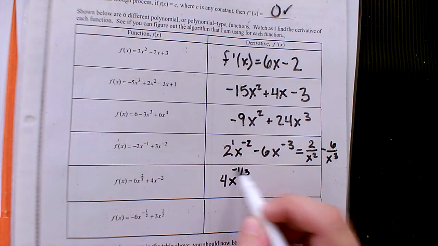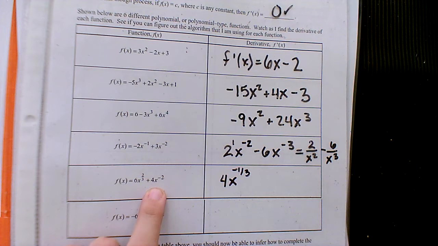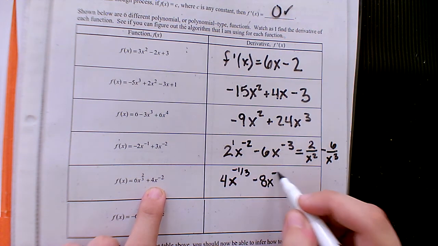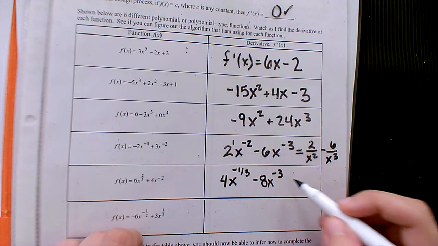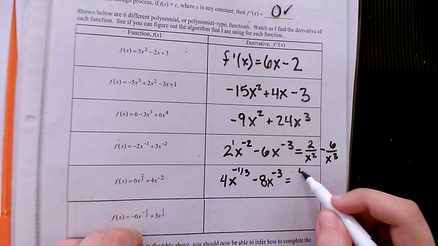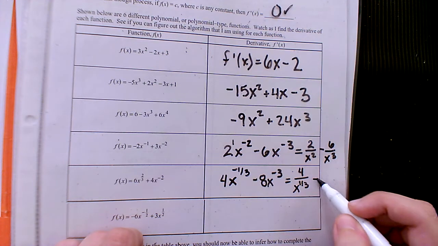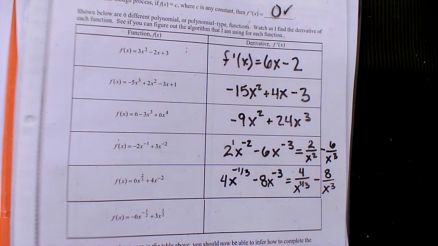Negative 1/3, we say hesitantly. Okay, but that's good. Negative 1/3. And then the next term, we'd have negative 8x, drop the power by 1, we got negative 3. Okay, let's change those into positive powers. So 4 over x to the 1/3, and then minus 8 over x to the third.